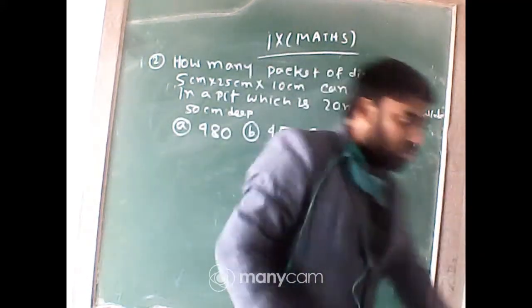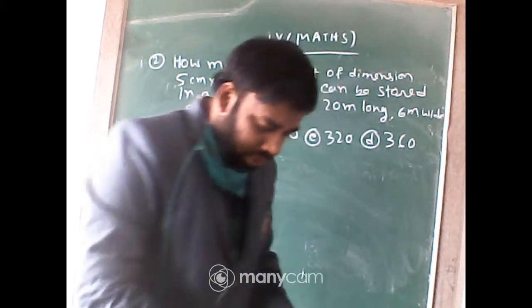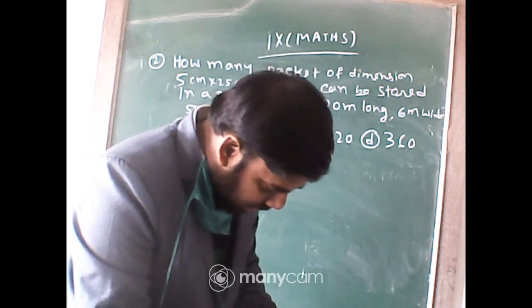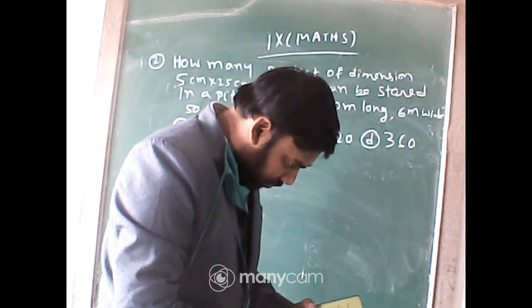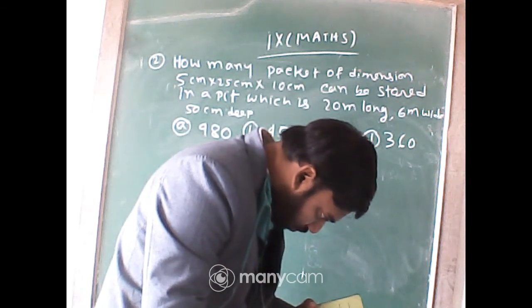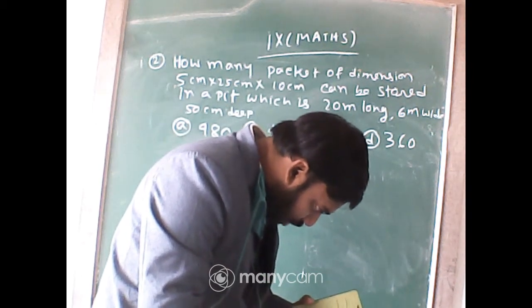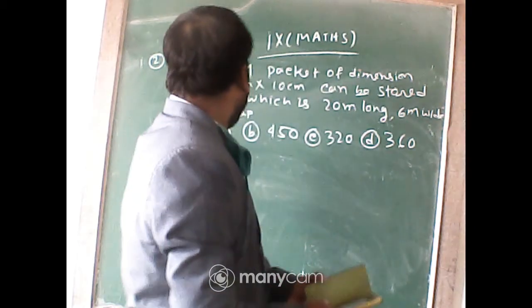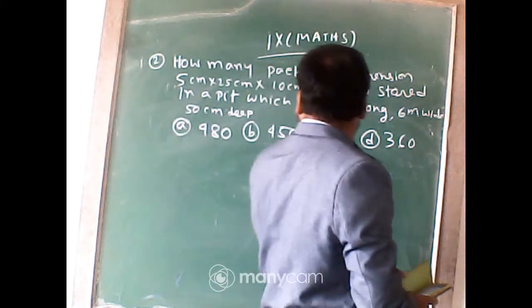Okay, find it out quickly. Just one confusion, I'm just taking that dimension 5 centimeter, 25 into 10. Okay, 20 meter, 6 meter, 50 centimeter.